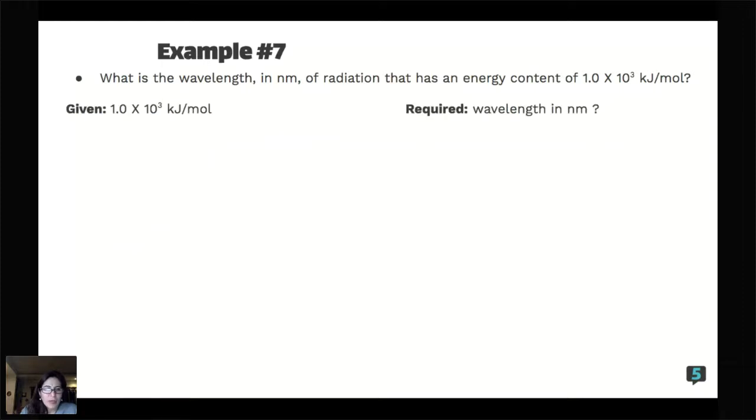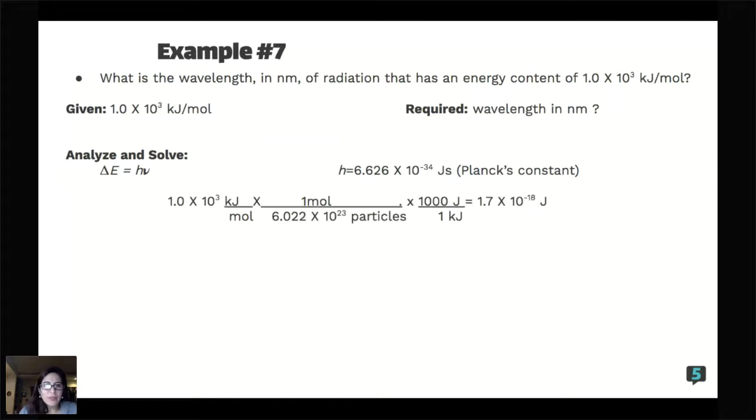Okay, so we organize our data. We are going to use this formula, the formula of the quantum theory. So first, we are going to change our data of kilojoules per mole to joules, because that's what we're going to need for using Planck's constant.